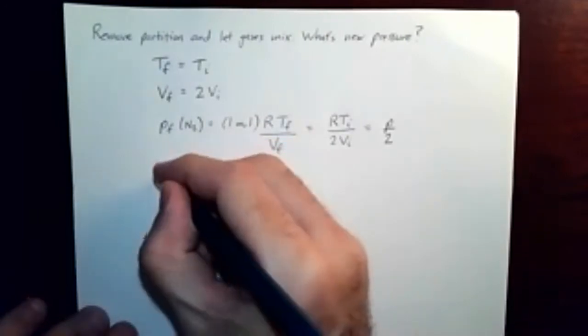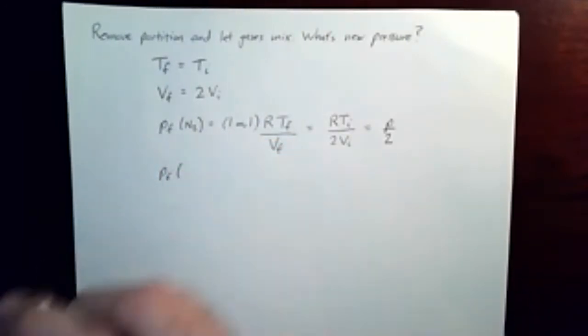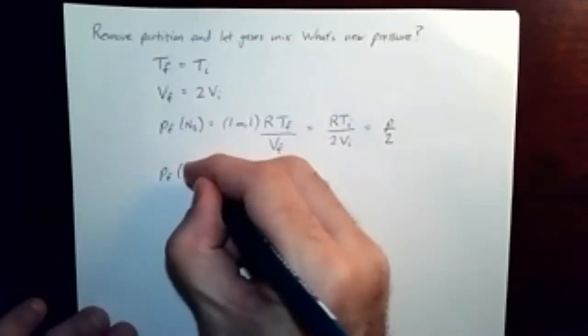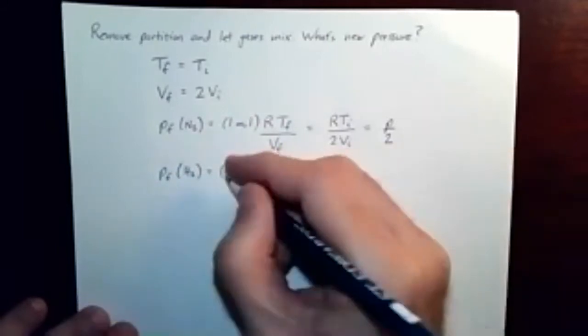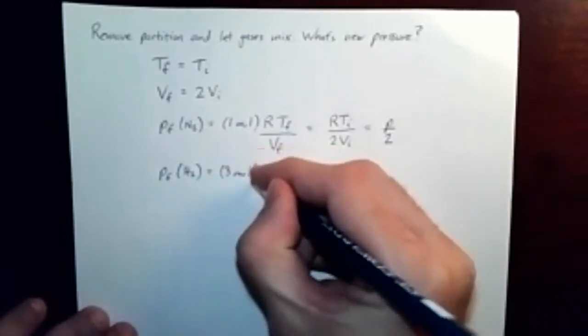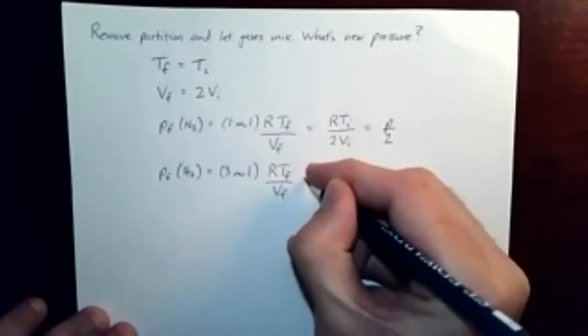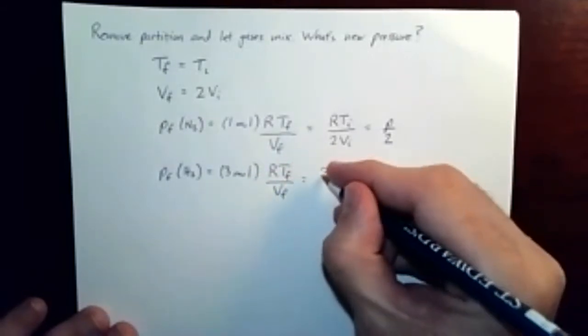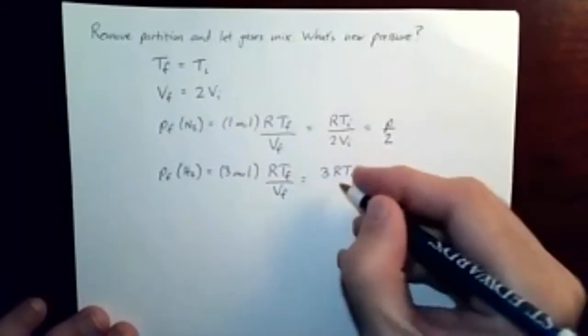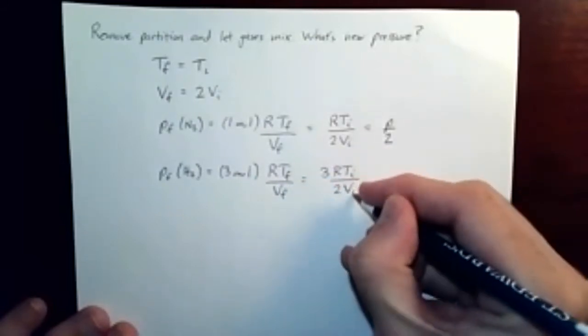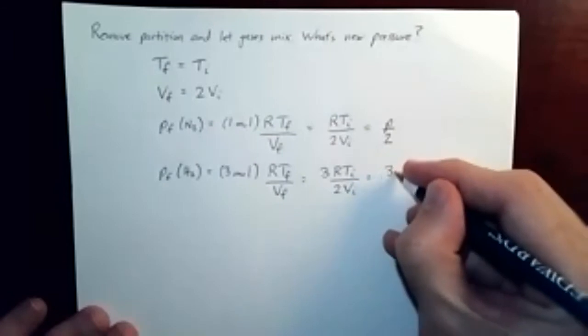All right. Final pressure of H2. Same process, 3 moles, RTf over Vf, which is going to be 3RTi over 2Vi. So that's 3P over 2.